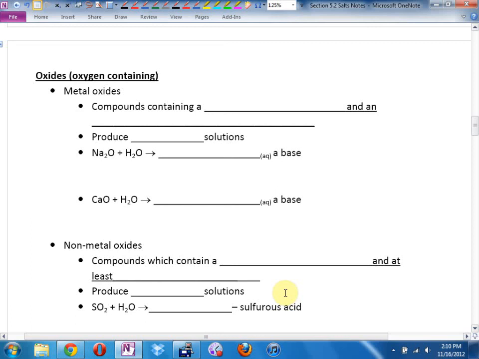So, compounds that contain a metal ion, and then oxygen ion. If you mix these in water, these produce basic solutions.